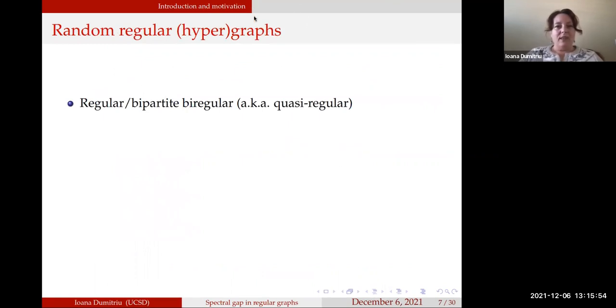Okay. So let me tell you just a little bit about what happens when we look at random regular graphs and hypergraphs, because these are the subjects of my talk today. So for graphs, I'm going to have two types of regular graphs that I'll be talking about. One of them is regular, and the other one is the bipartite biregular that I mentioned before. Sometimes this latter one is referred to as quasi-regular.